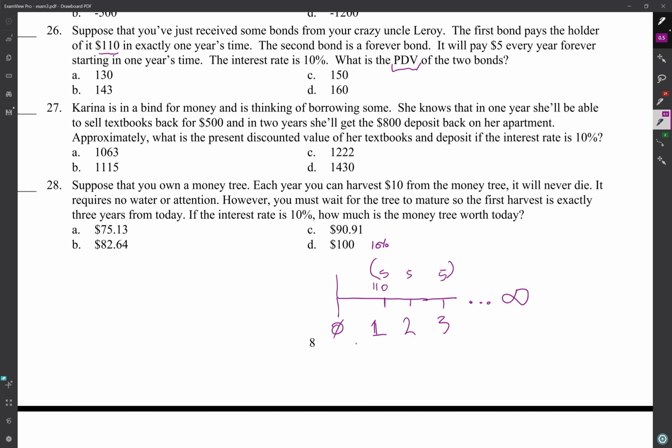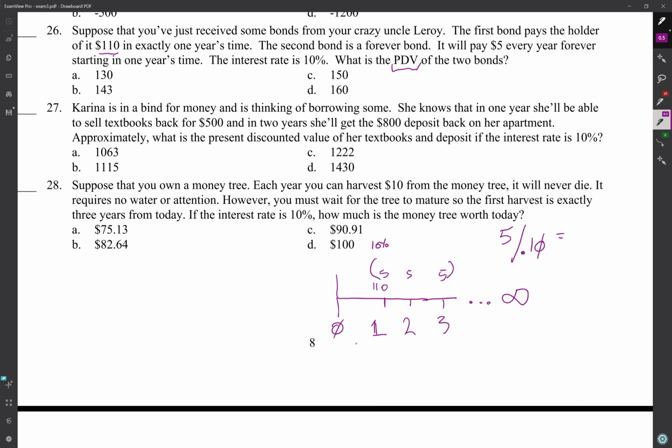And perpetuity is going to basically give us the value at the period prior to when the first payment comes. And all we have to do is say, what is the payment and what is the interest rate? And that's it for that formula.